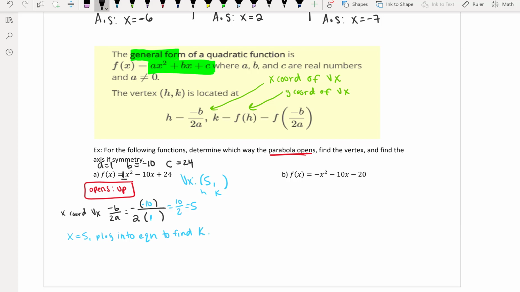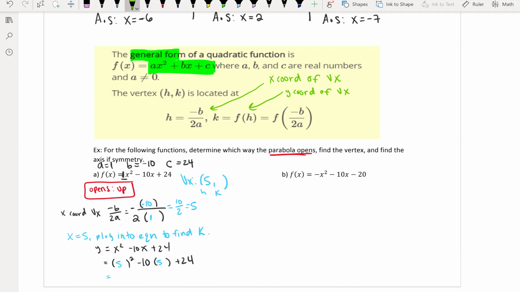So for my original equation, I have y is equal to x² minus 10x plus 24. So x² minus 10x plus 24. That value that I'm plugging in is 5.